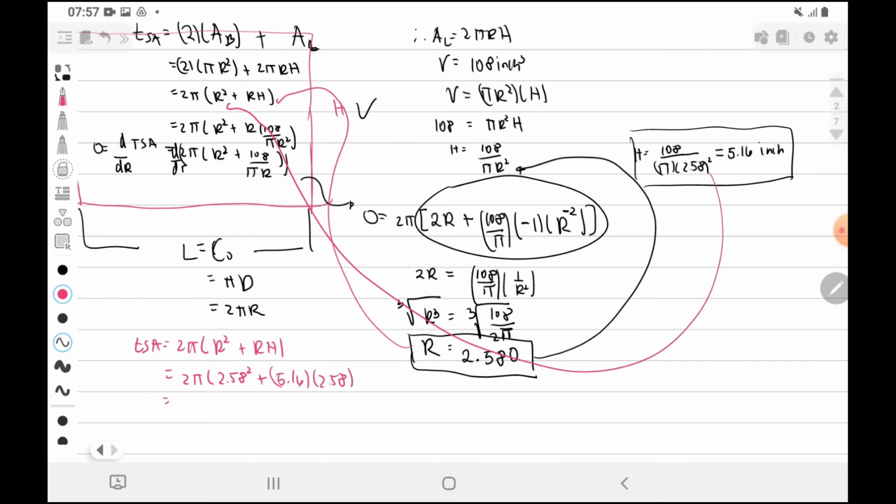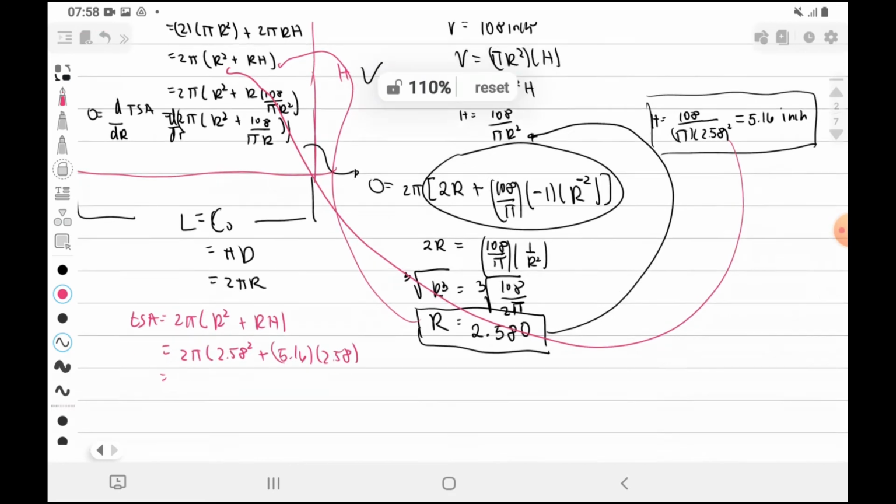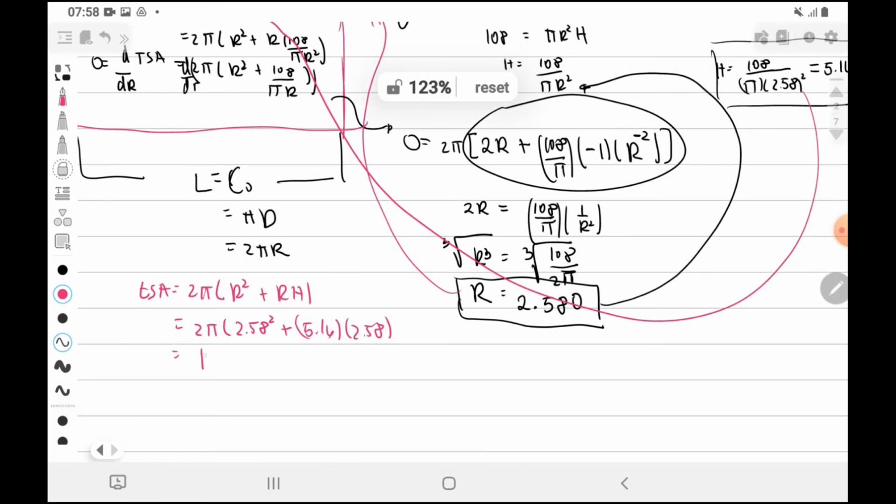You'll notice I used the stored values in my calculator, so the value of A squared plus A multiplied by B. From here we get a value equal to 125.5 square inches. This is our TSA.